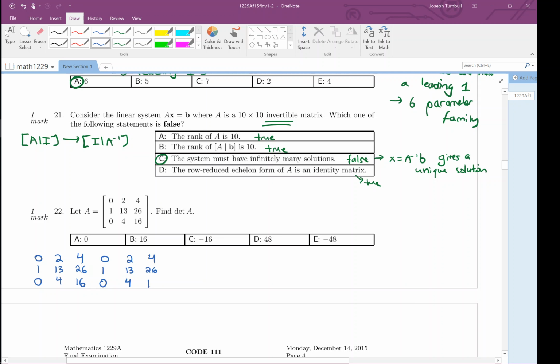The steps line up better. Okay, and then you can hide the last one only. And then your determinant is going to be determinant of A is going to be down products minus up products.